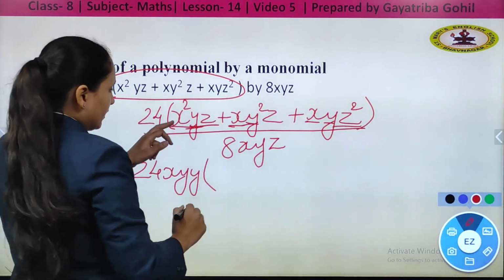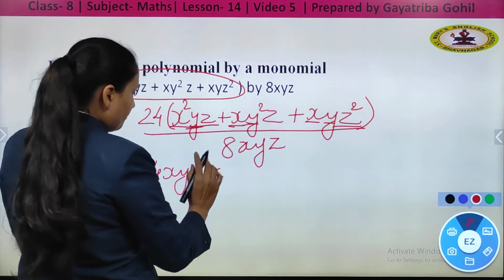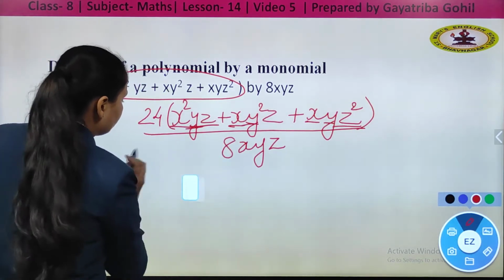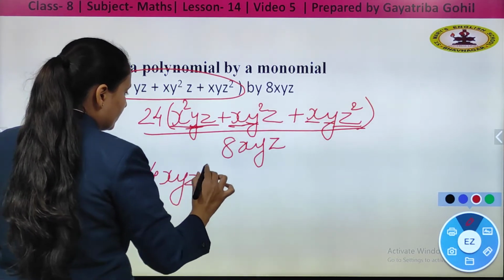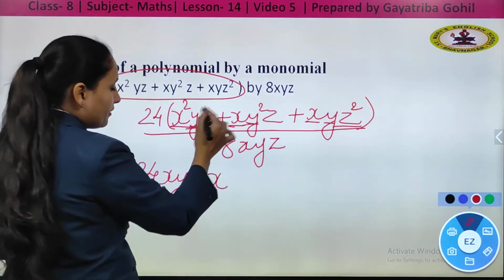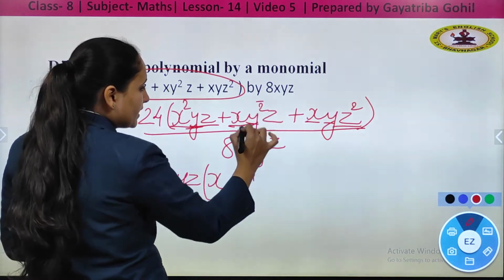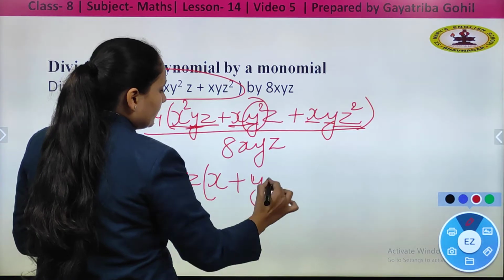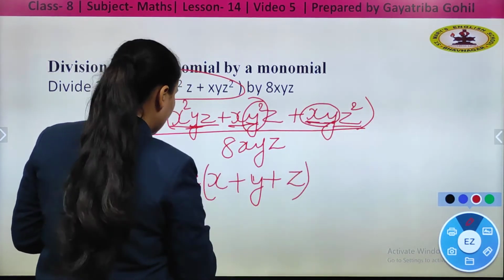So what will be left inside? From here I have removed x, so 1x will be left. From here x, y, z we have removed. Then here x and z we have removed, but y square is there, so 1y will be left. Over here again x and y we have removed, we have only z inside.